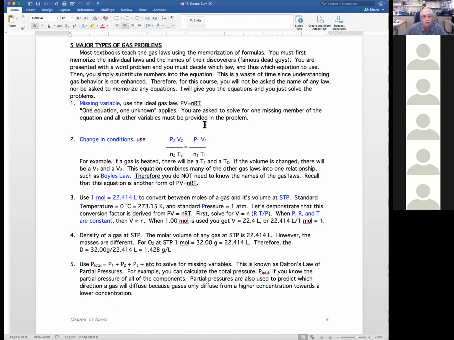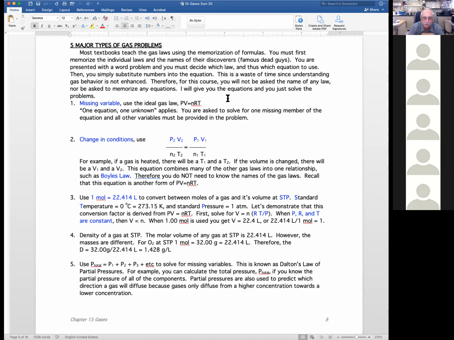So here's the part that people hate. Doing gas problems. You know what? I hate doing gas problems because they're really not that important. So a lot of textbooks, most all of them, take you through a bunch of things that were discovered with the equations that go with them, along with the names of the people who figured them out.